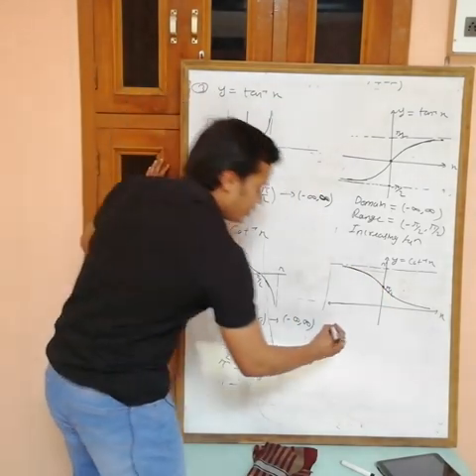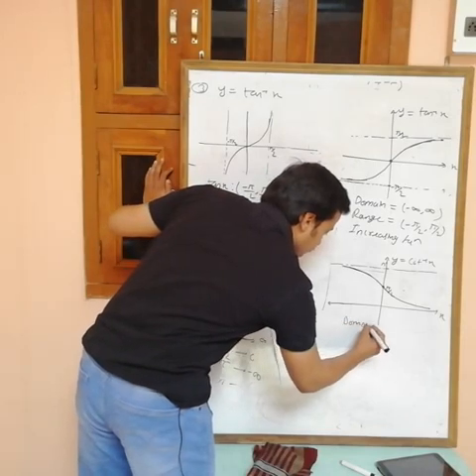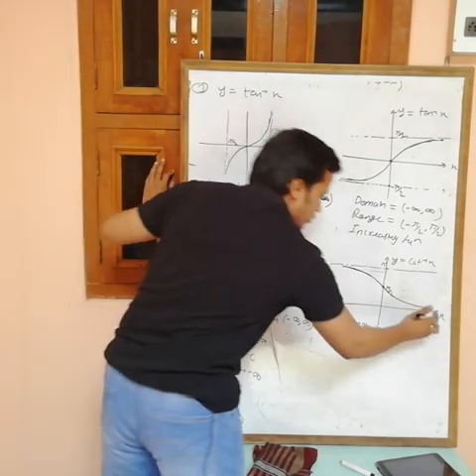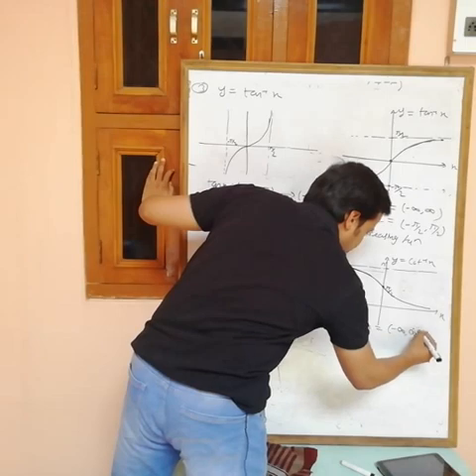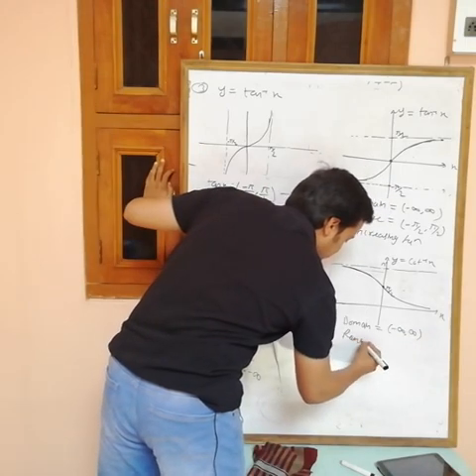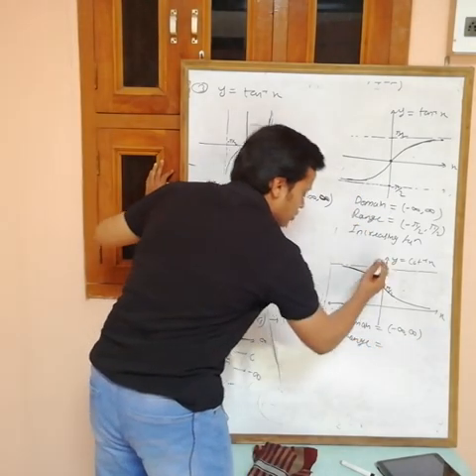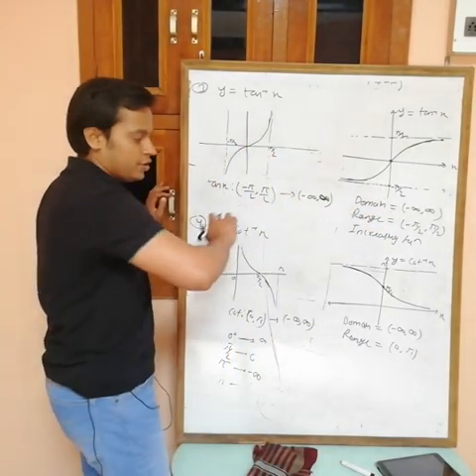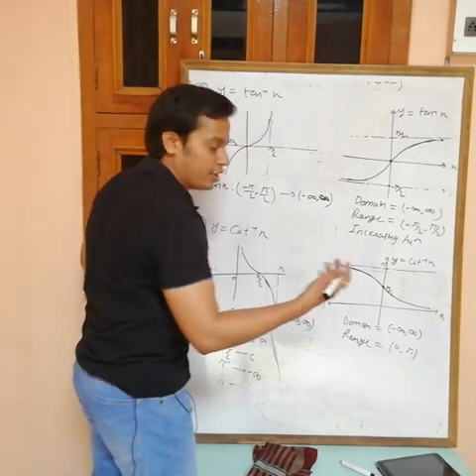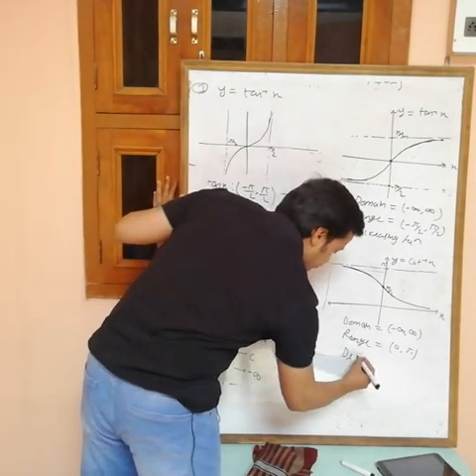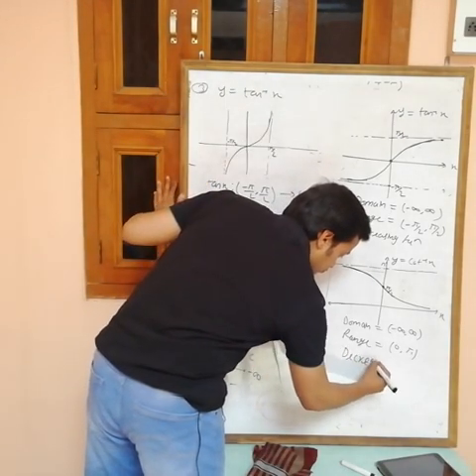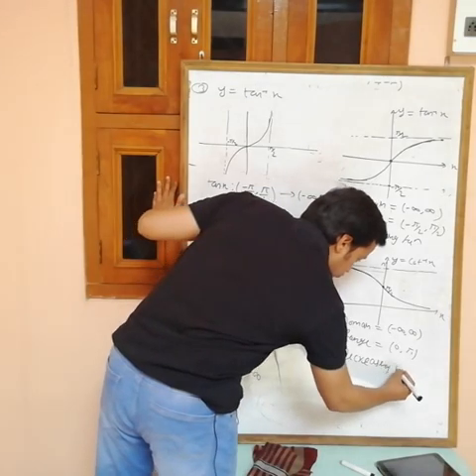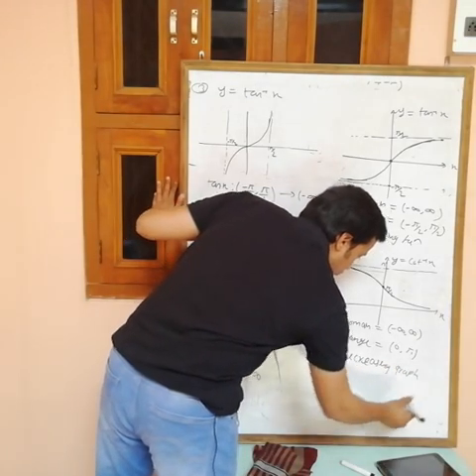The domain is minus infinity to plus infinity, the range is 0 to pi, open interval, because both are not included, and the graph is like this, so it is a decreasing graph. Okay, done.